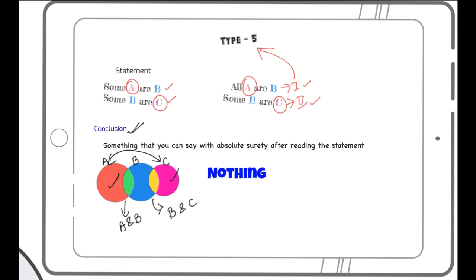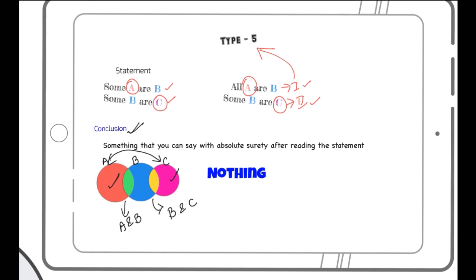So when does my type 5 come into the picture? When there is no relationship between two quantities, which is happening here. A is separate and so is my C. There is no intersection between them, which means the relationship between them is nothing.